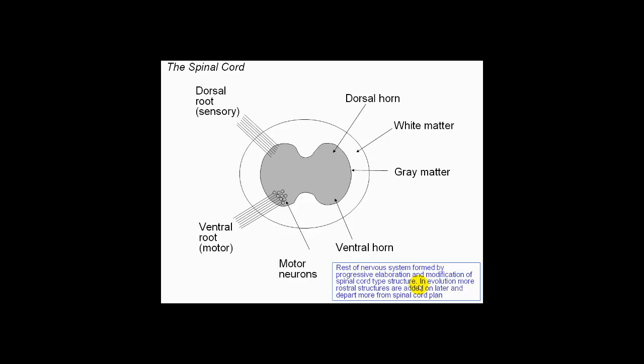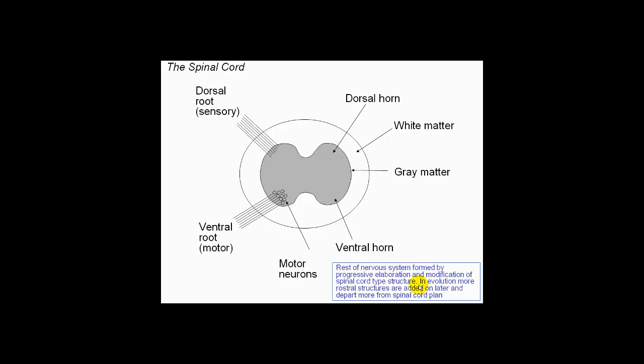The gray matter has sort of an H shape. We talk about these two parts up here as being the dorsal horn of the gray matter, and these two bumps down here, the two bottom parts of the H, being the ventral horns of the gray matter. They're bilaterally symmetrical.